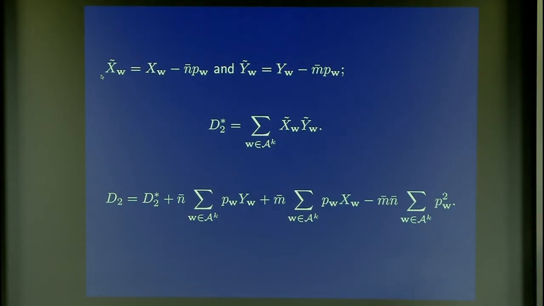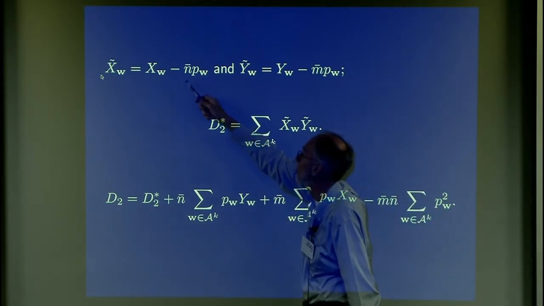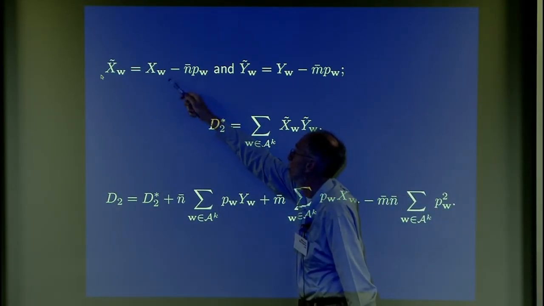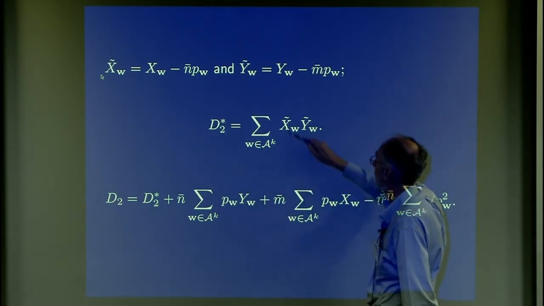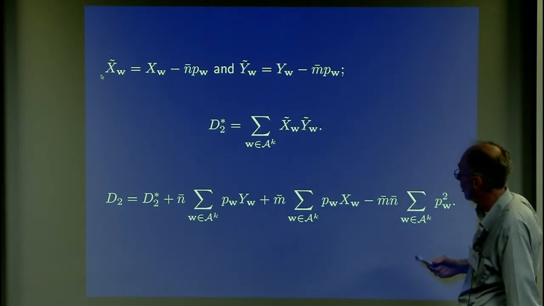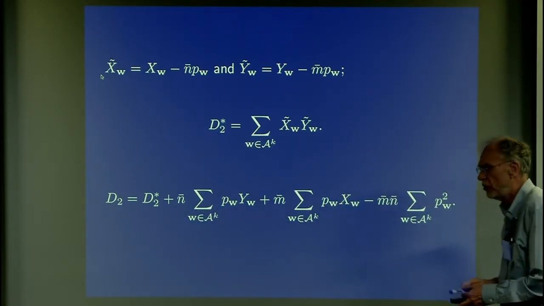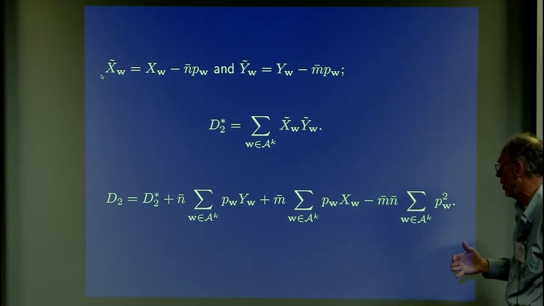So we have various ways of looking at this. Every statistician does, as I said, subtract the mean. So if we subtract the mean that goes with the word counts and then sum those centered terms, you get somewhere. And if you expand the original D2 into this form, you can sort of see more evidently now what's going on.